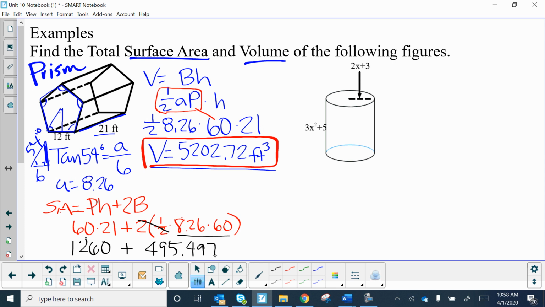And then I'm going to add 1260, and when I add that, I get 1755.497. And this is square feet. And that's my final answer.